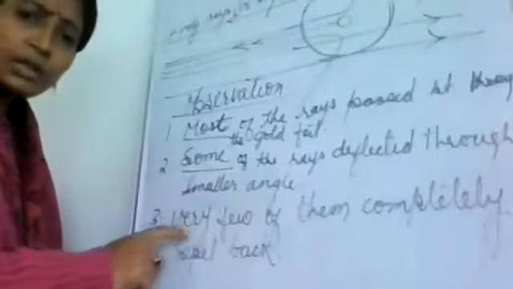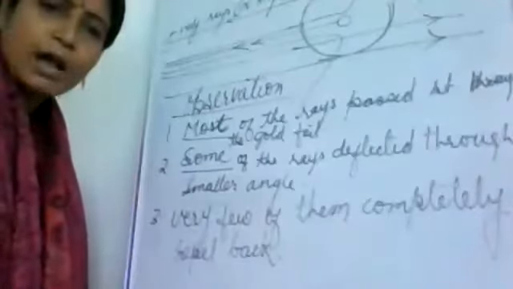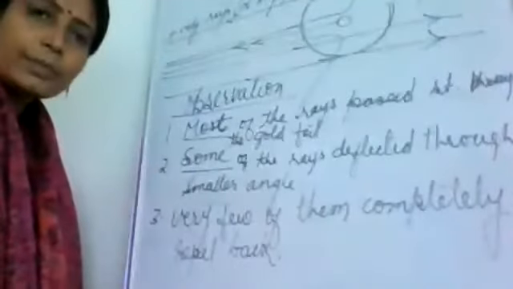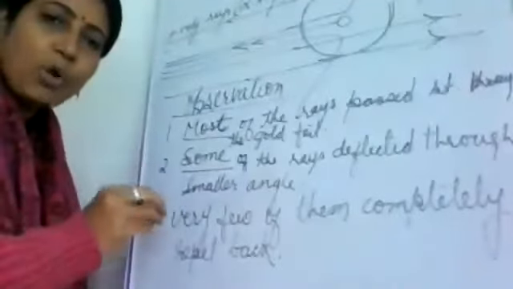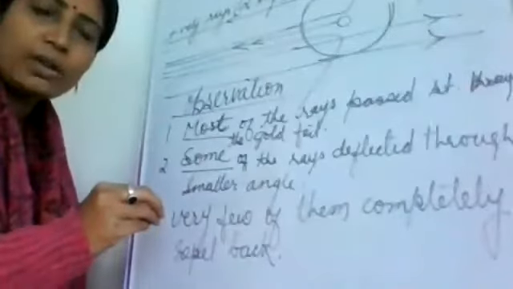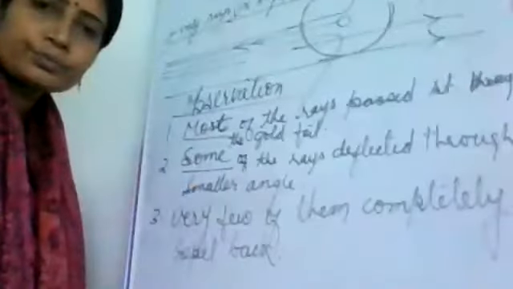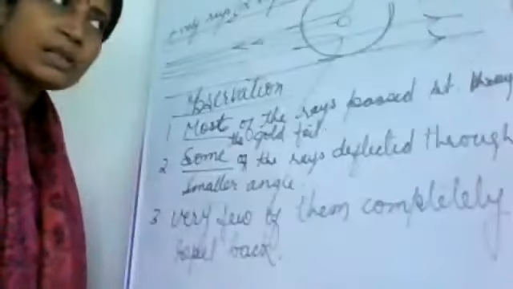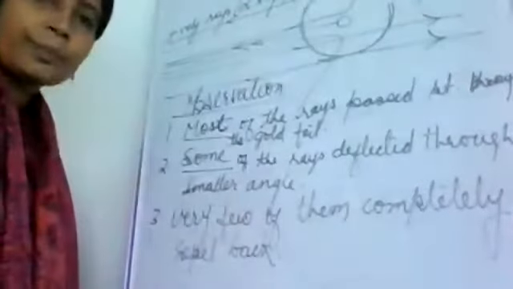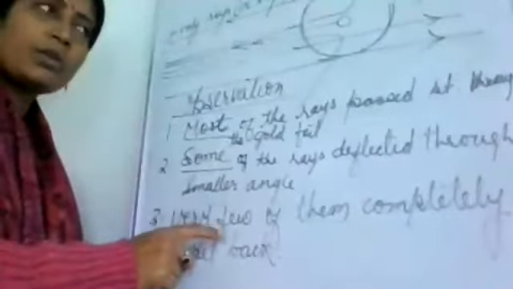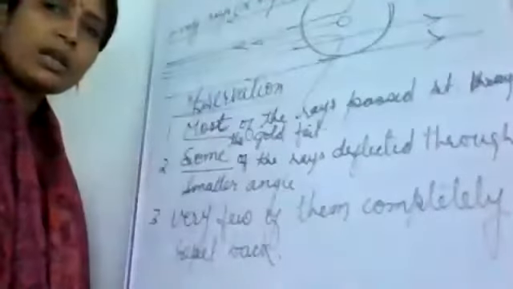Last one. Very few of them completely repelled back. Means what? The positively charged body is present in a very small volume. And that also, it is present in the center, because whatever was the observation was mostly seen where? In the center.